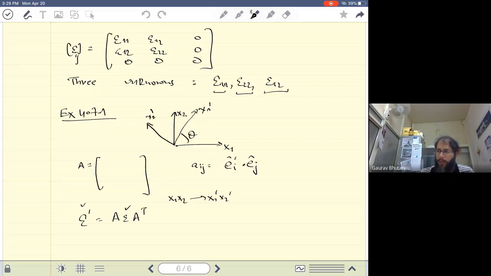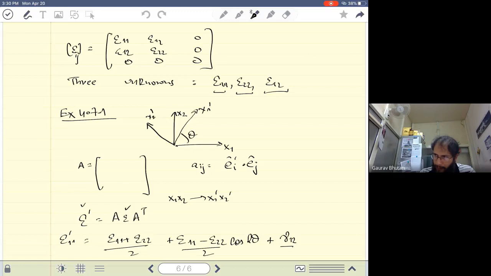So finally, when you simplify things, epsilon 1 1 prime can be written in terms of the components of epsilon as follows. This is the relation that you have for epsilon 1 1 prime.